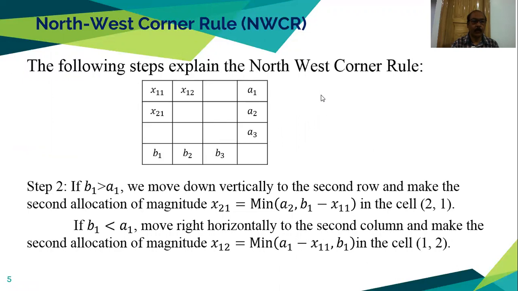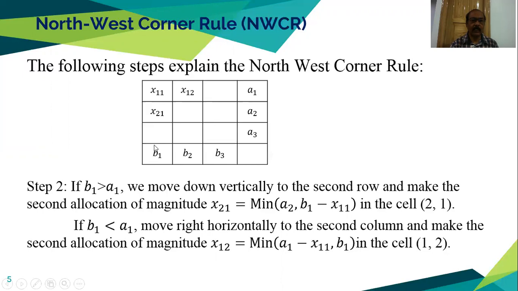Now step 2. In step 2 there are three cases. First, B1 may be greater than A1. As A1 is less than B1, we allocate A1 as x11, so the available quantity will be 0 in source 1, and the demand at destination 1 is left as B1 minus A1.